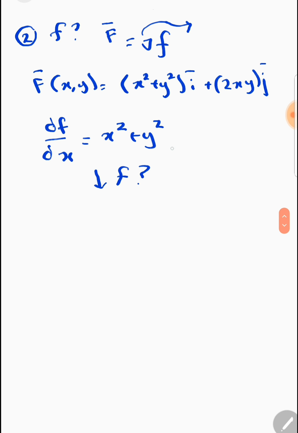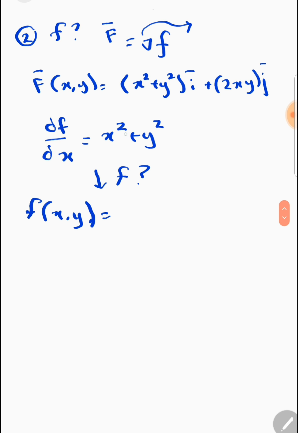So if this is the differentiation of it, I can actually integrate it. Alright, and if I integrate it, I'll express this in terms of x, y, and z, for example. But actually over here we do not have any z component, so just for simplicity's sake, I'm just going to put f of x and y, because it's i and j component here.